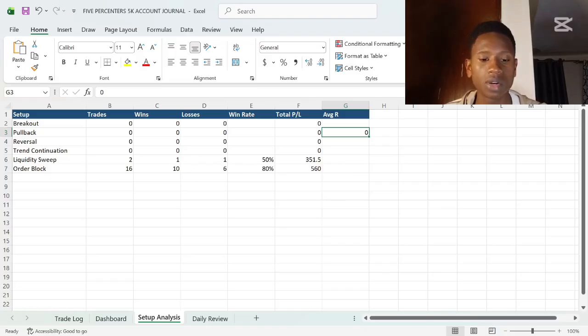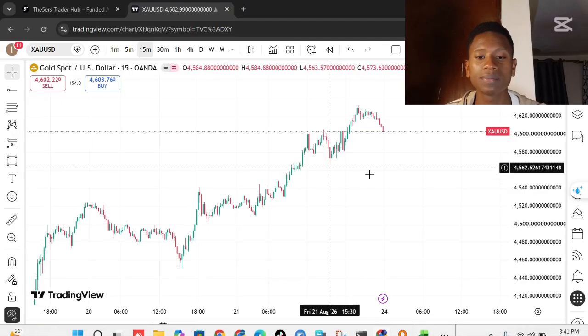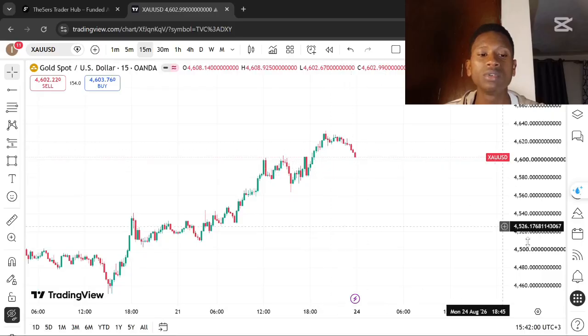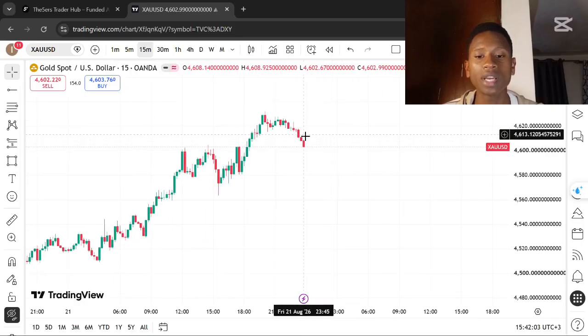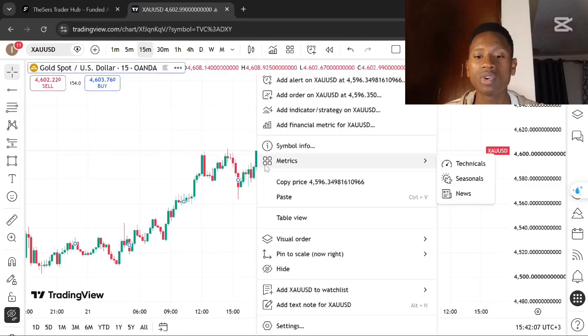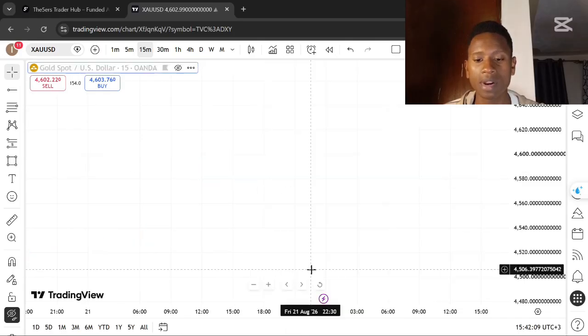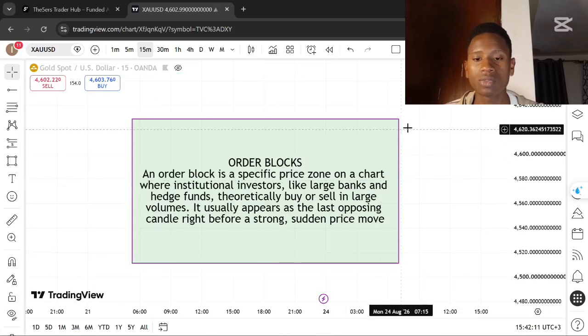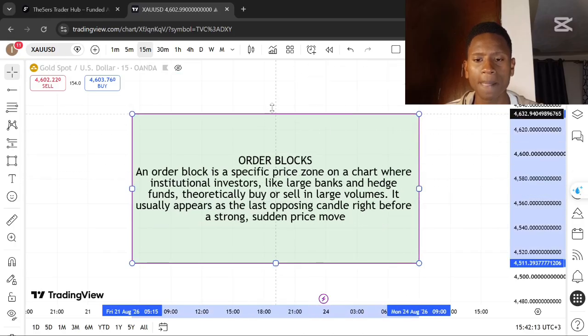All right, so getting back to the charts, I want us first to know, theoretically, what an order block is. I'm going to hide this first of all, so that we'll have this definition over here.